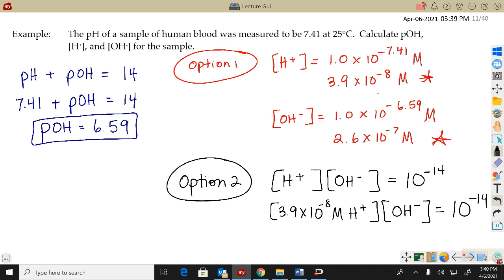Then this little equation comes in handy too. And so I just take my 10 to the negative 14th and I divide by 3.9 times 10 to the negative 8. And I get the same answer. My hydroxide ends up being about 2.6 times 10 to the negative 7th molar.